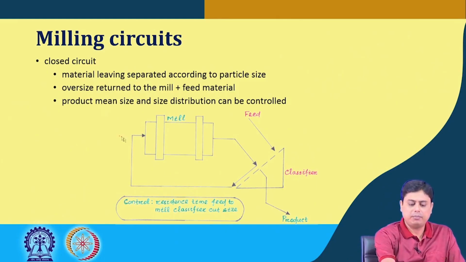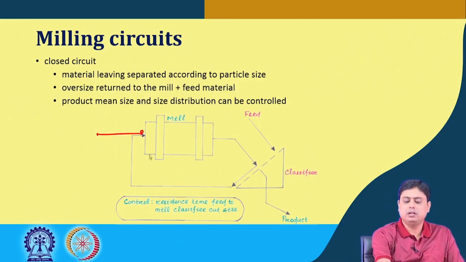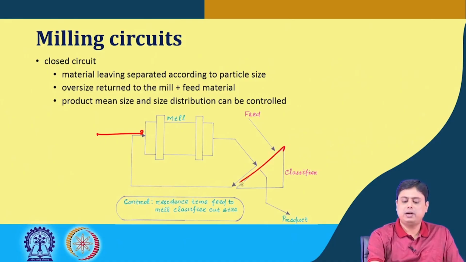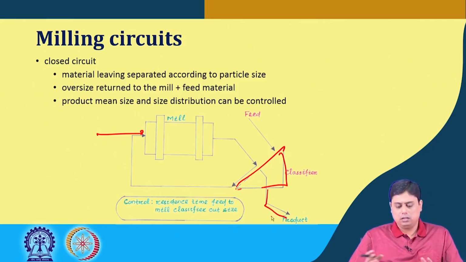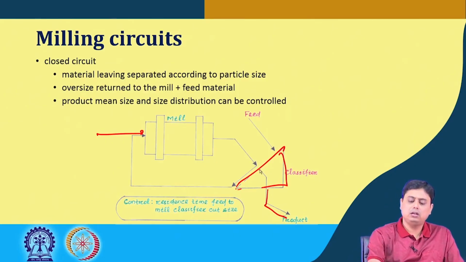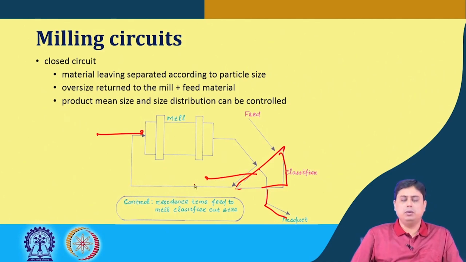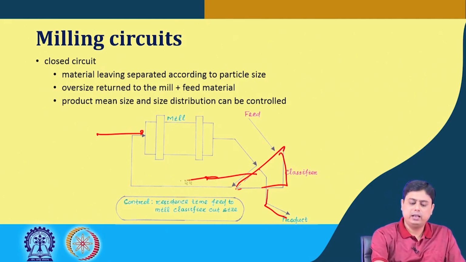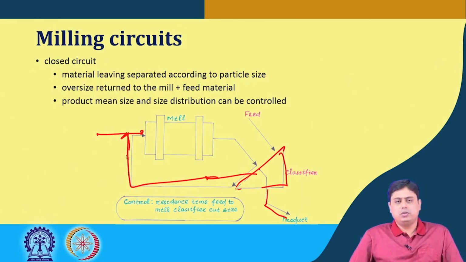So, here what happens? The feed comes in, it goes to the mill, and the product is separated in a separator or a classifier, where we receive the final product, which is the finer particles. If those are not suitable, the bigger size or oversized particles are again fed back, which mixes with the feed and goes into the operation.